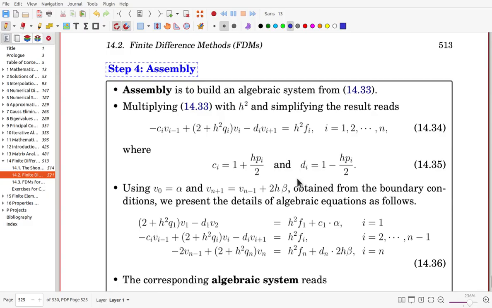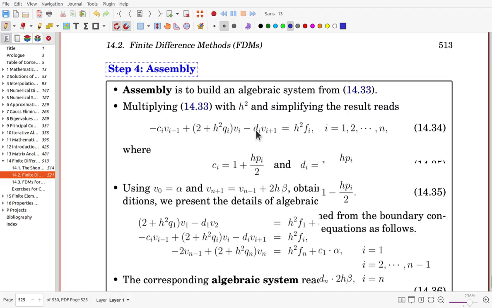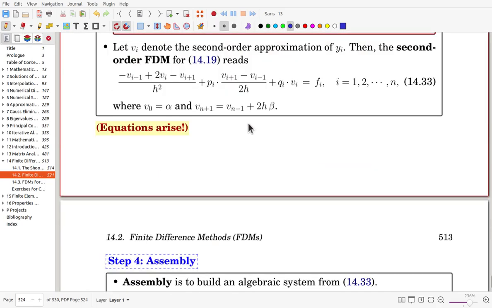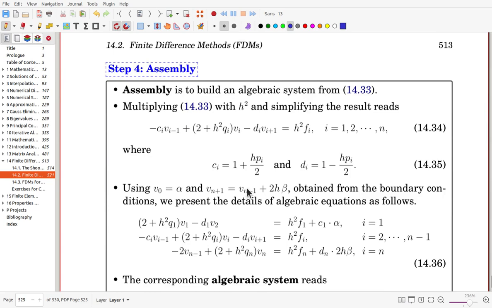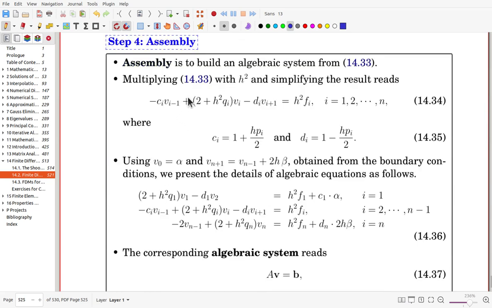Now we reorganize the equations, and first we multiply, for example, by h squared, so that it's easy to handle. After multiplying by h squared and simplifying, we can reach this equation for i from 1 to n.